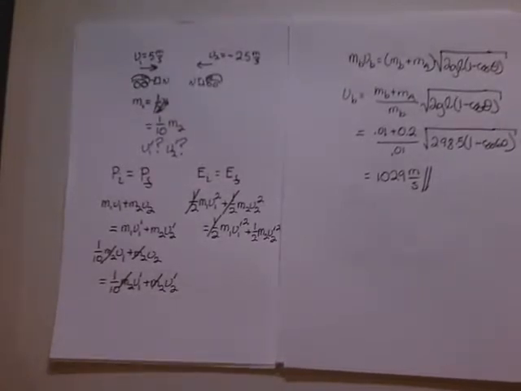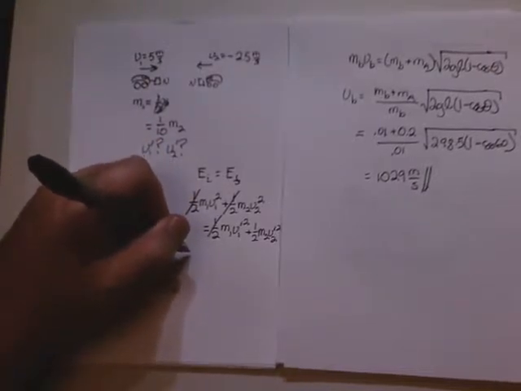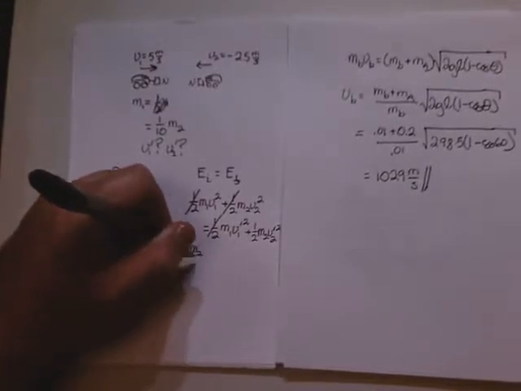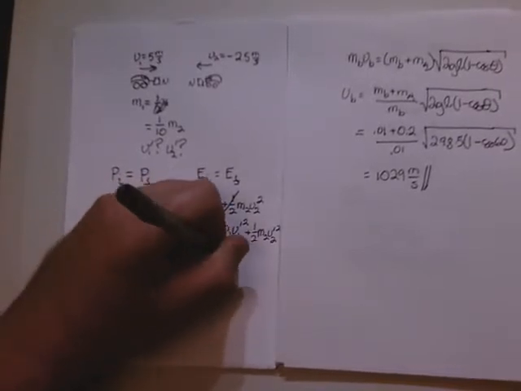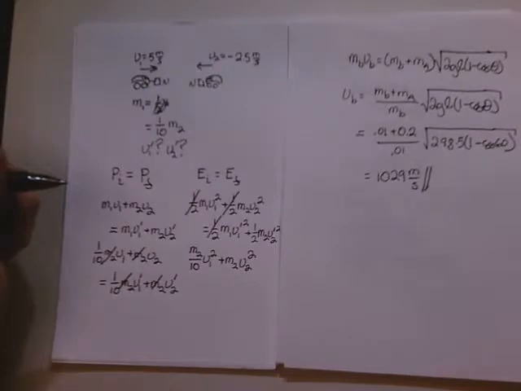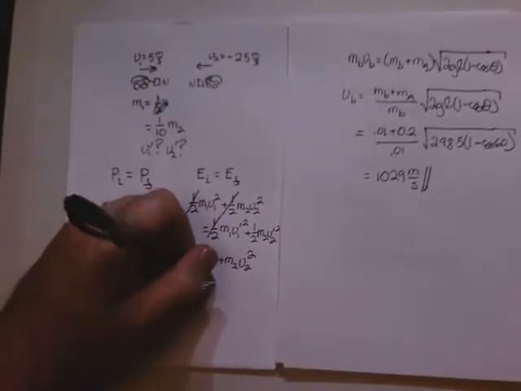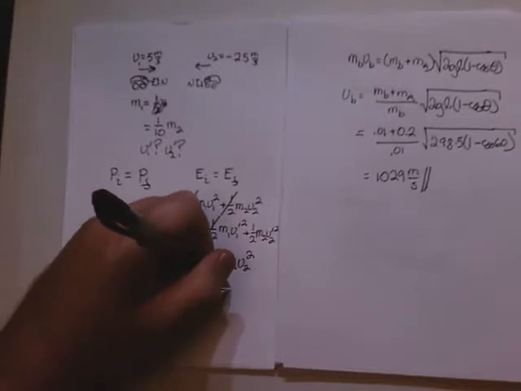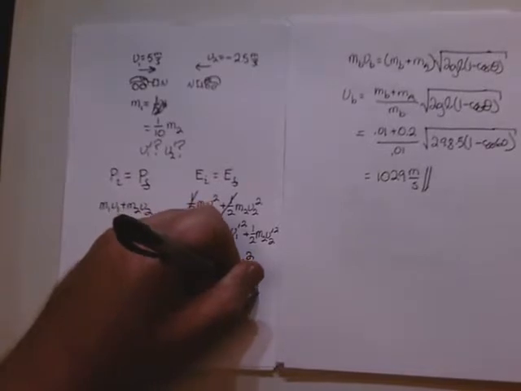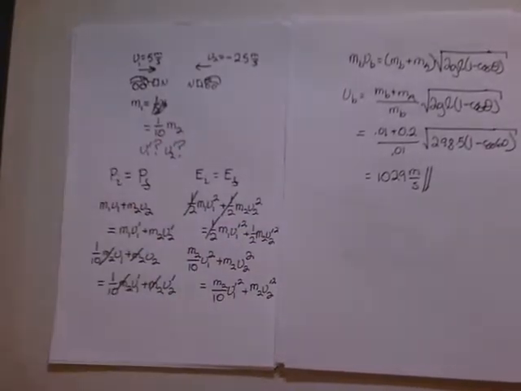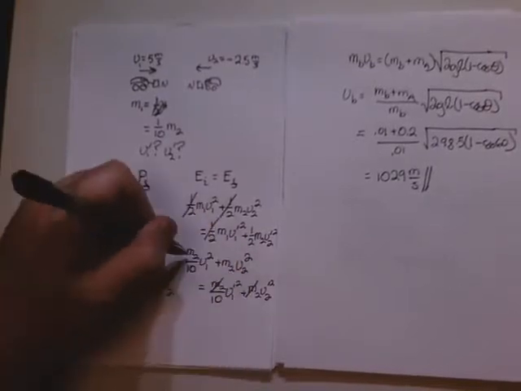You don't need to know the specific mass of m1 or m2, you just need to know the ratio of their masses. You do the same thing here. m2 over 10 v1 squared plus m2 v2 squared equals m2 over 10 v1 prime squared plus m2 v2 prime squared. And again, the m2's go away.